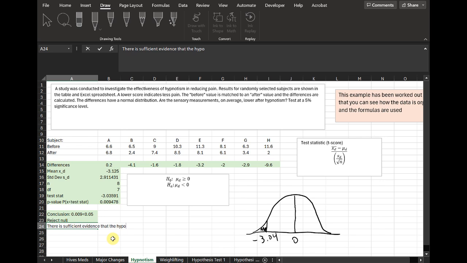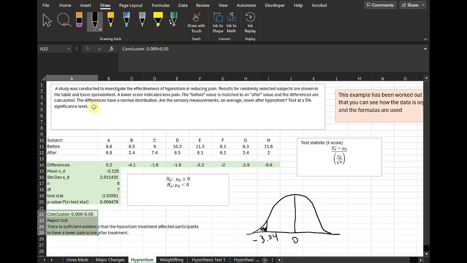hypnotism treatment, let's see, how do I want to say that, caused a, well, I don't want to say caused, the hypnotism treatment affected participants to have a lower pain score after treatment.